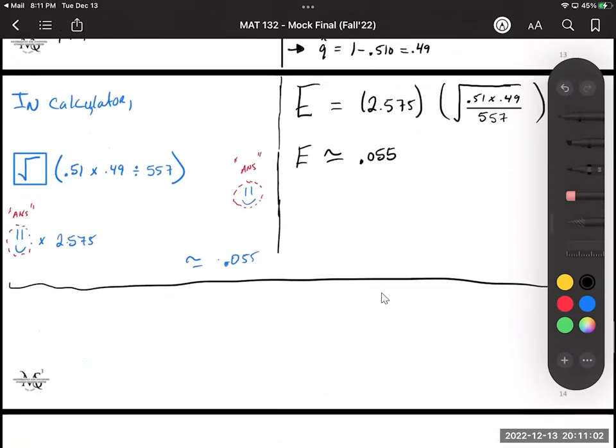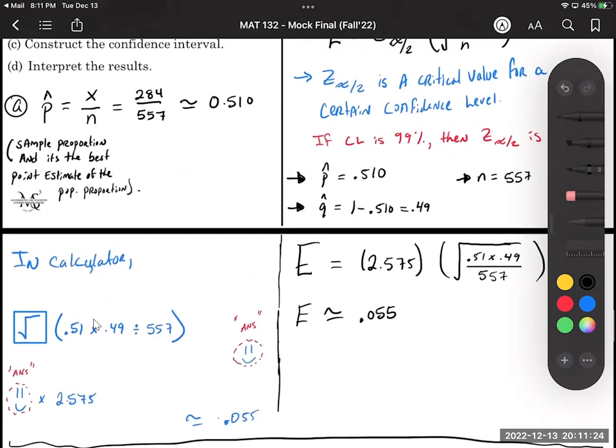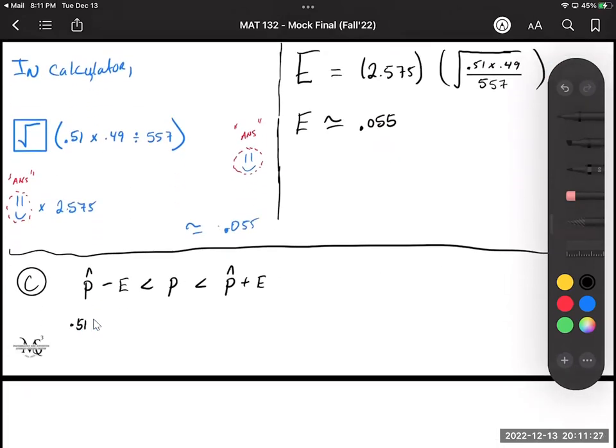So the confidence interval states that it's going to be P hat, the sample statistic, which is the sample proportion, minus the margin of error, is less than P, less than P hat plus E. So since P hat, the result of part A, was 0.510, we're going to have 0.510 minus the margin of error we just computed, 0.055, is less than P, less than 0.510 plus 0.055. So on one side, you subtract the numbers, and on the other side, you add them.